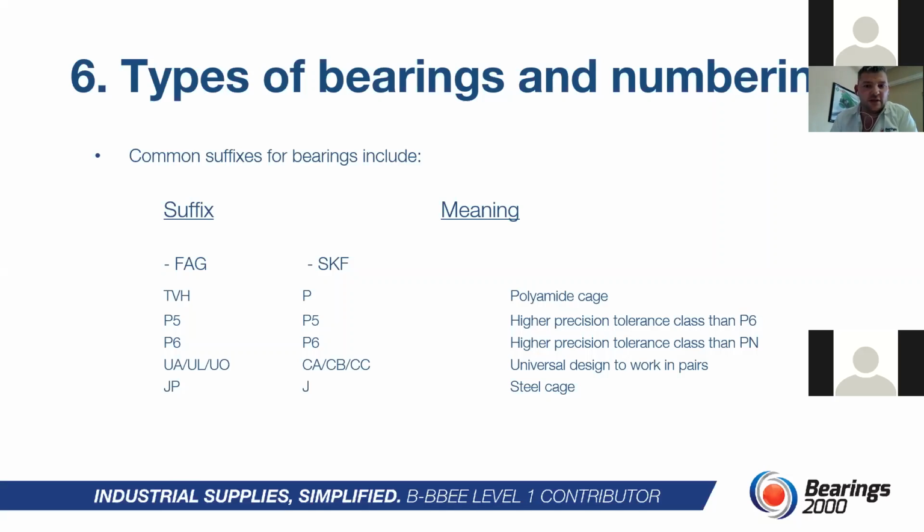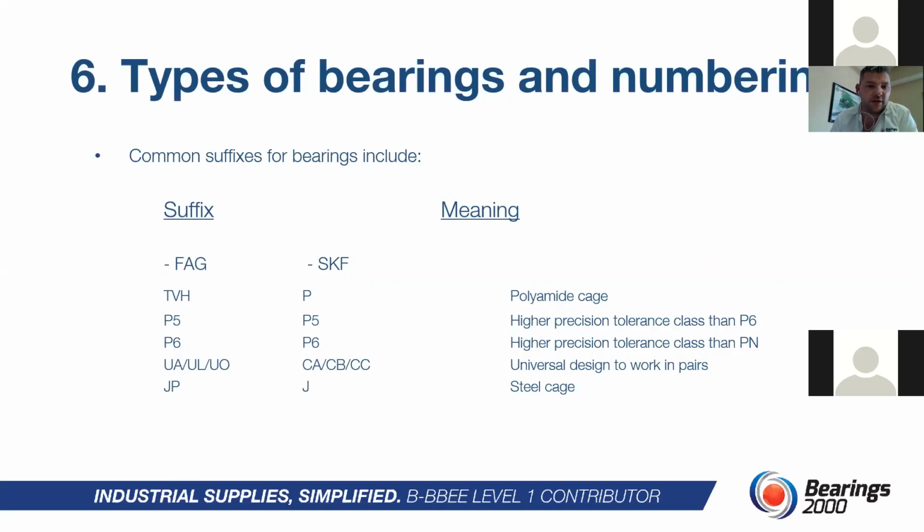So if the bearing's inside diameter or outside diameter is supposed to be, let's call it 50 millimeters, the tolerance class will say, okay, it can be 50 millimeters, give or take 20 microns, for instance. So if it's made up to a P5 or P6 tolerance class, it will mean the tolerance will be less than 20 microns, it might be 10 or 5 microns. So you're sure of having a higher precision bearing to fit over your shaft or into the housing.